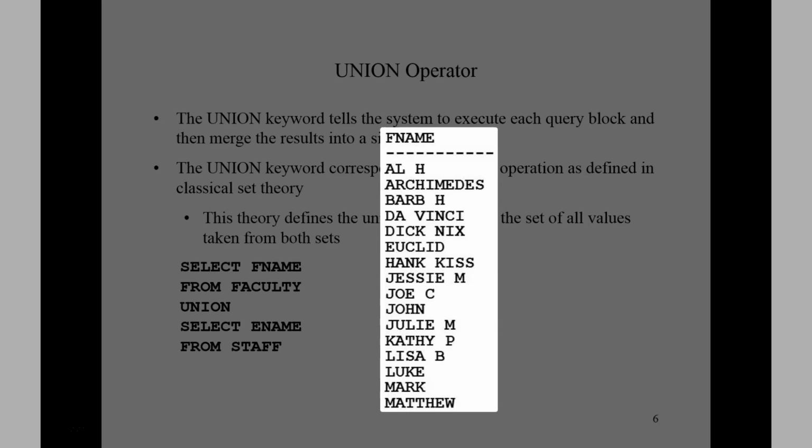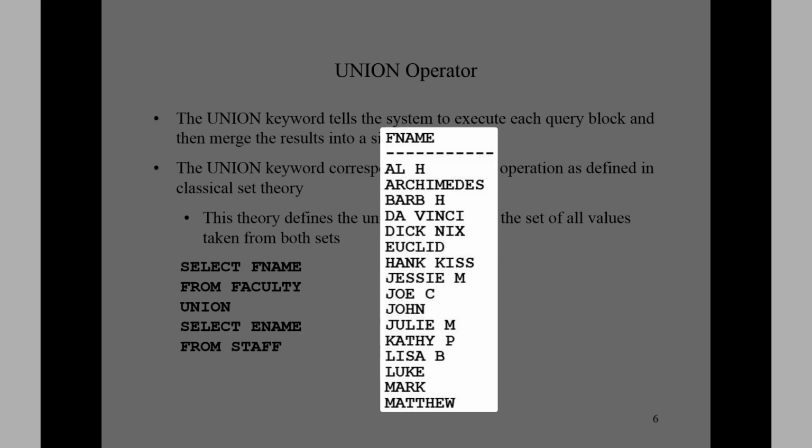The result may appear to be sorted, even though order by is not specified. This is because many systems typically perform an internal sort to identify duplicate values for purposes of their removal.